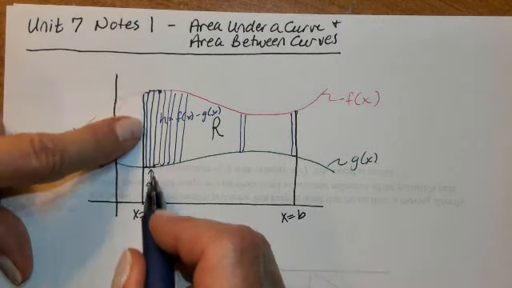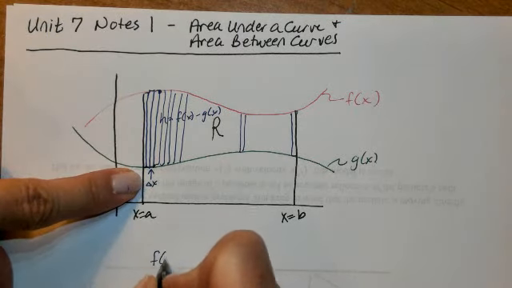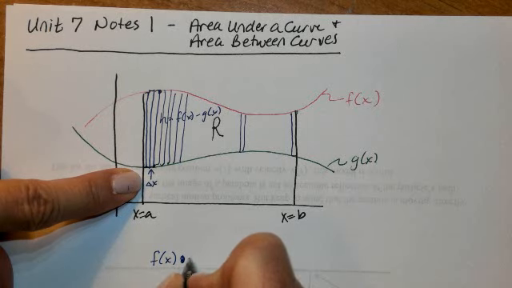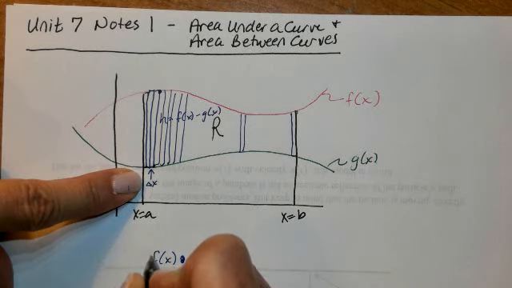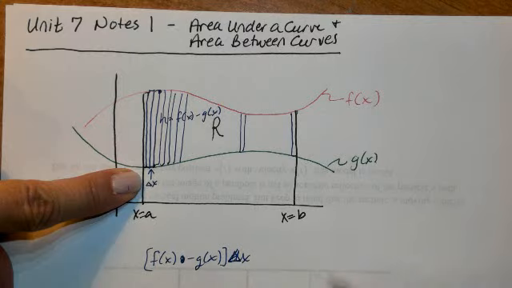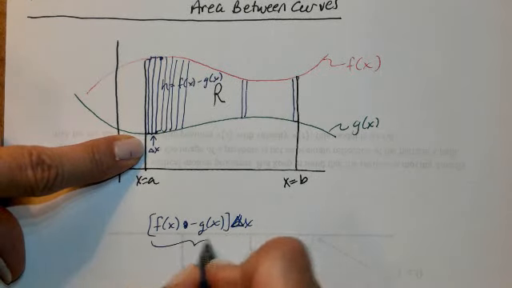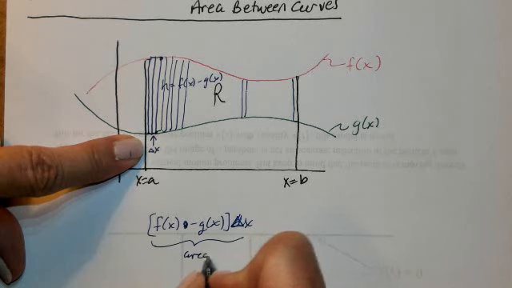Base times height, that's the area of a rectangle, right? And base times height would be f of x minus g of x times delta x, right? I'm jumping ahead of myself. That would be the area of one rectangle.